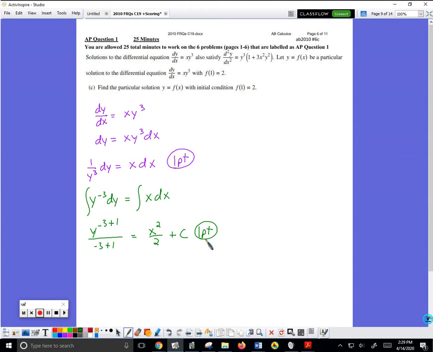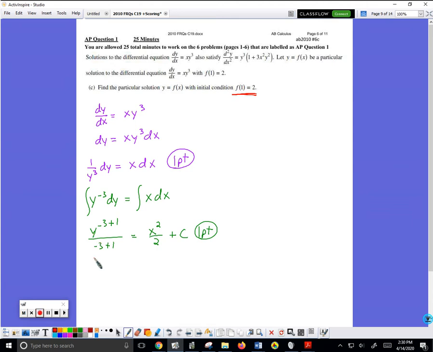Next thing is to find the c, so it's the SASE method. So we've got separate, anti-differentiate, and then constantate. So here's my initial condition. So when x is 1, y is 2. This is going to become, I don't like negative exponents.